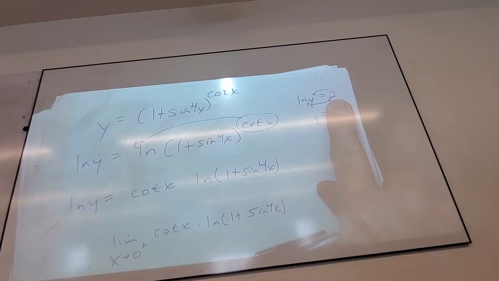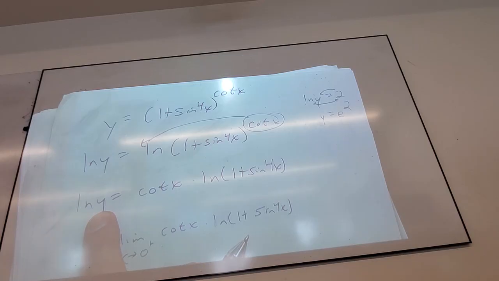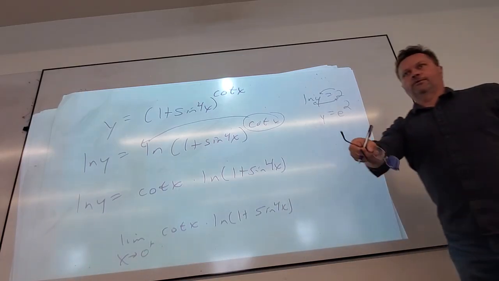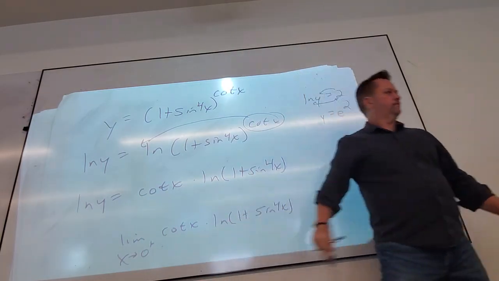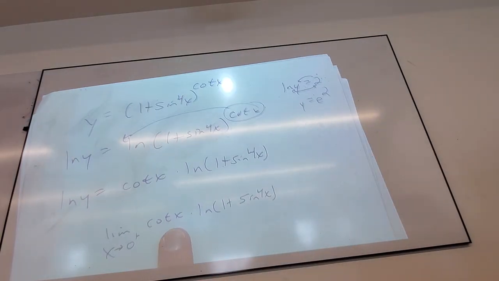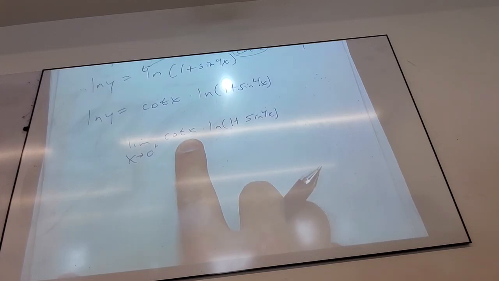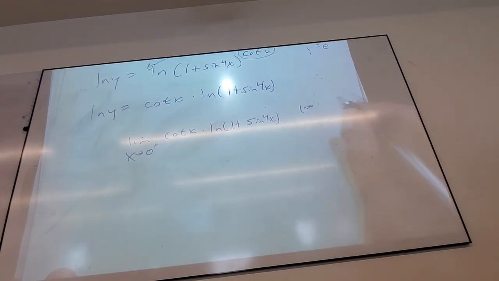If I would have said 7 here, this would have been e to the 7th. If I would have said pi here, this would have been e to the pi. So if I can figure out what ln y is doing, then I just raise e to that, and that's what y is doing. Now what form is this in? What is cotangent doing again? Going to infinity.